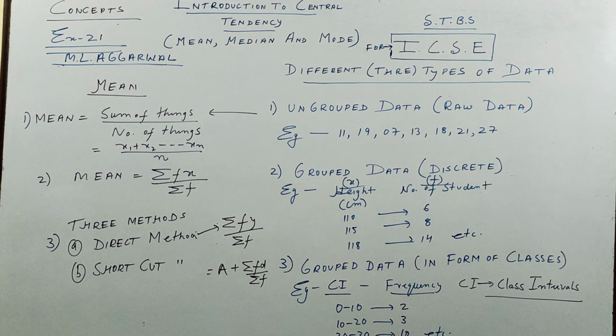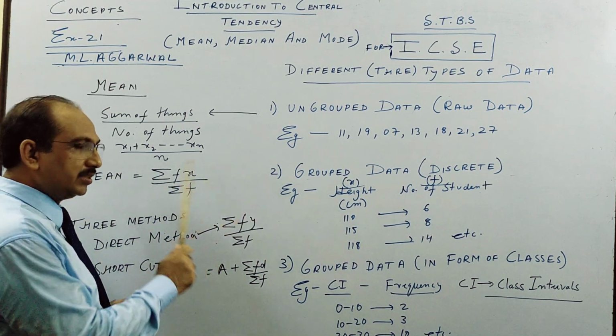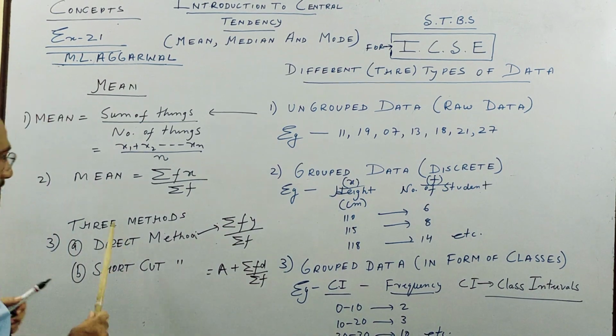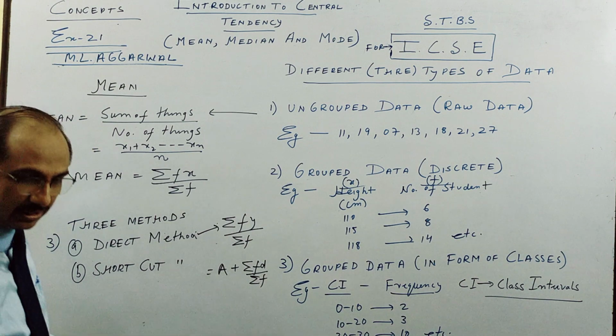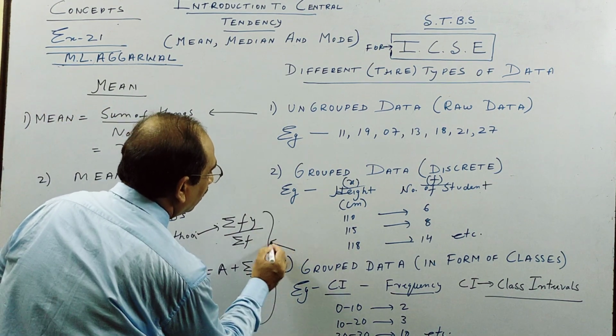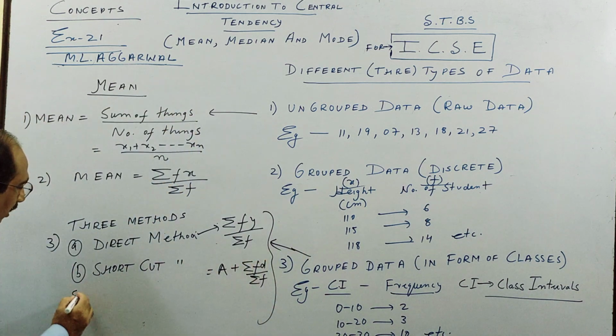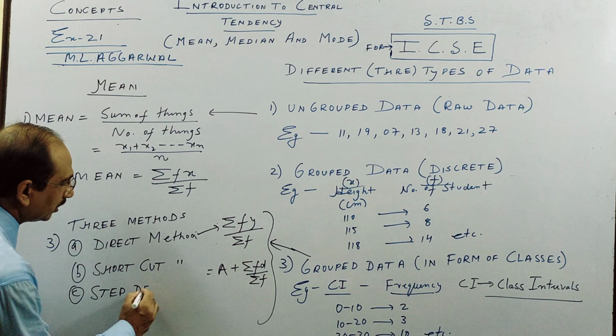For group data discrete, second one you see, this is fx by f. You can see in the example which I have solved. And third one, with group data in the form of classes, for this we have 3 methods. And the third one, children, is called the step deviation method.